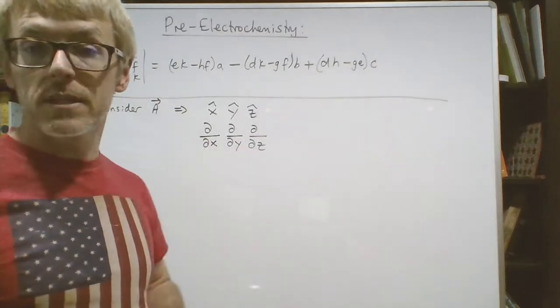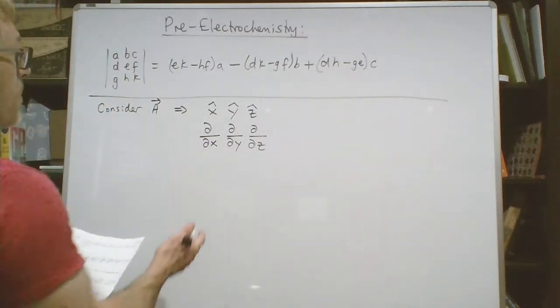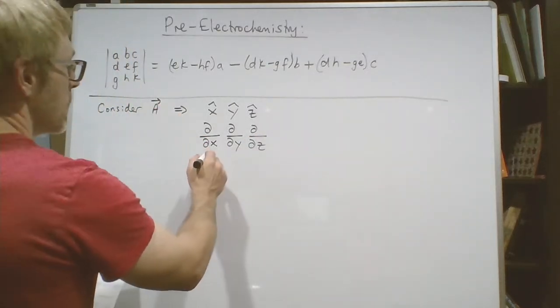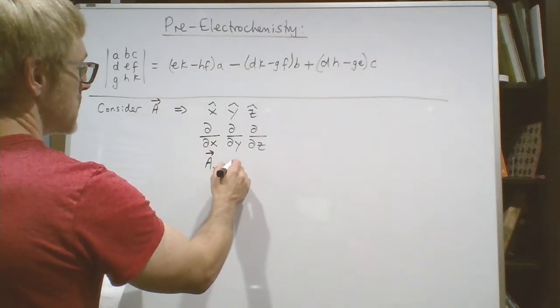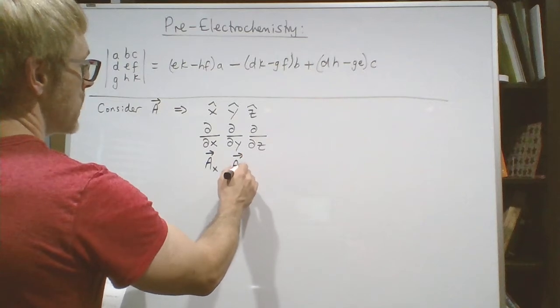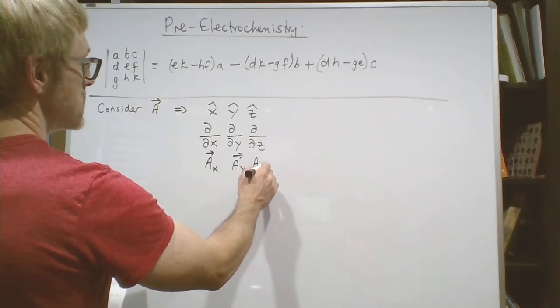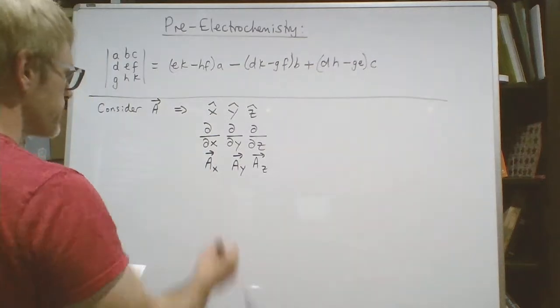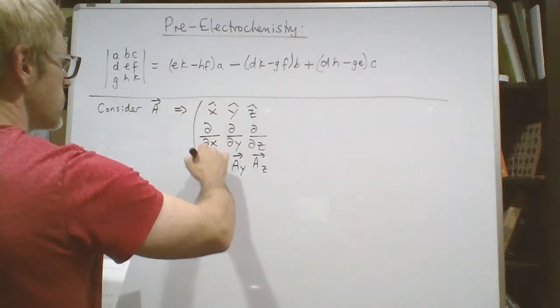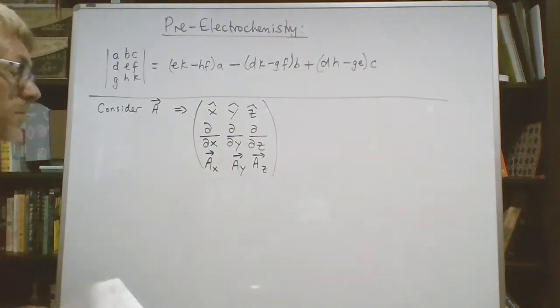So they're my components of del. And then I've got my actual vector A. Well, A is a vector, so it has components in the x-axis, it has components in the y-axis, and it has components in the z-axis. So there's my matrix, and I'm going to take the determinant of this matrix.